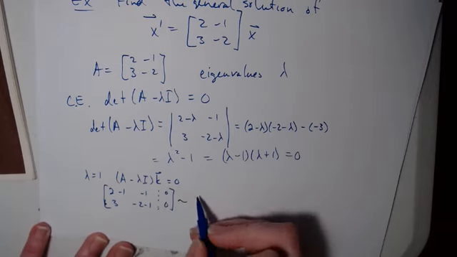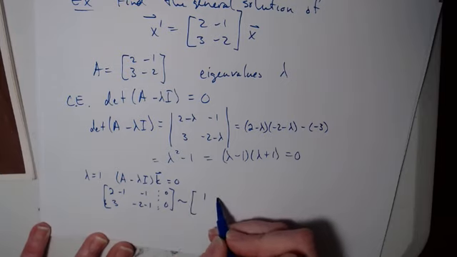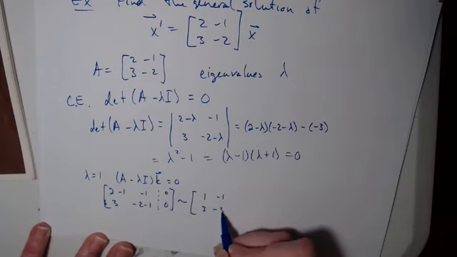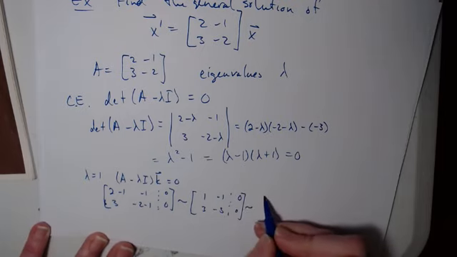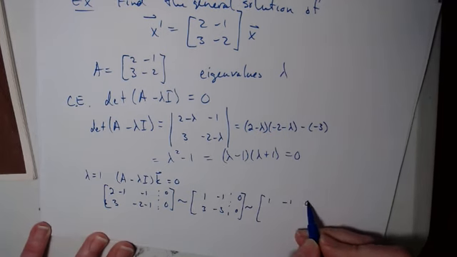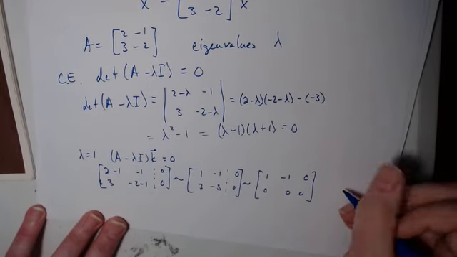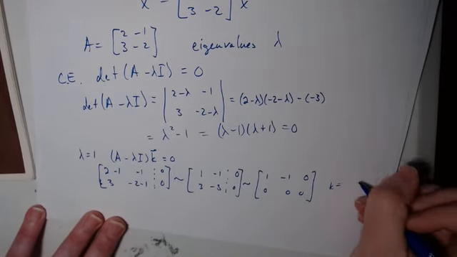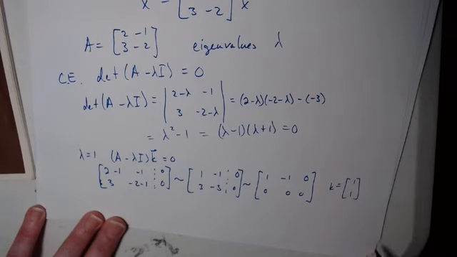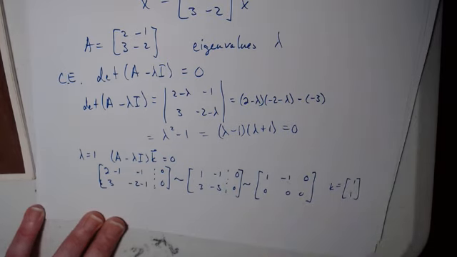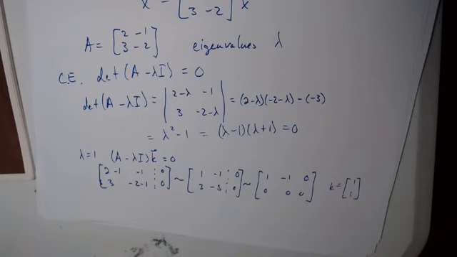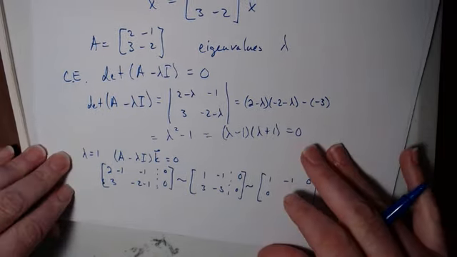And this doesn't even row reduce, it's just directly equal to [1, -1; 3, -3], still augmented with zeros. These are dependent. That's always going to happen when you get an eigenvalue. So this tells me that k equals something like 1, 1. It's anything where x1 is equal to x2, because we're going to have x1 minus x2 equals 0. So k equals 1, 1 works to go with lambda equals 1.